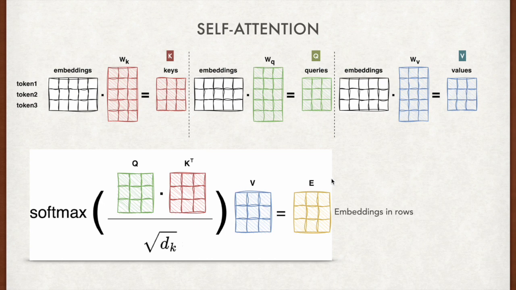The resulting matrix will contain vectors that are new representations, new embeddings for each token in a sequence, and this will be stored in rows. Every token will have one row which will represent the new embedding.